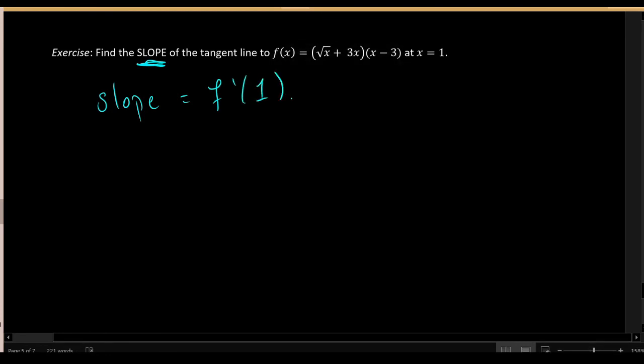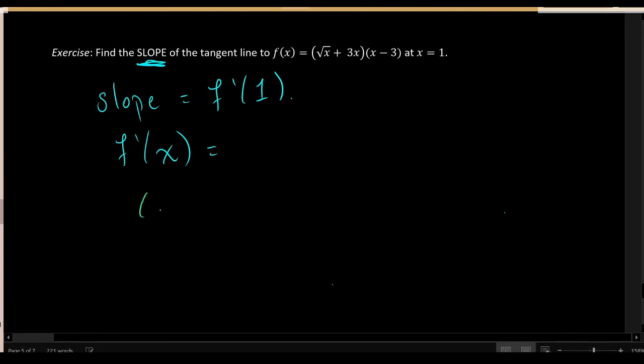Now before I can get f prime at 1, I need to get the derivative function f prime at x.